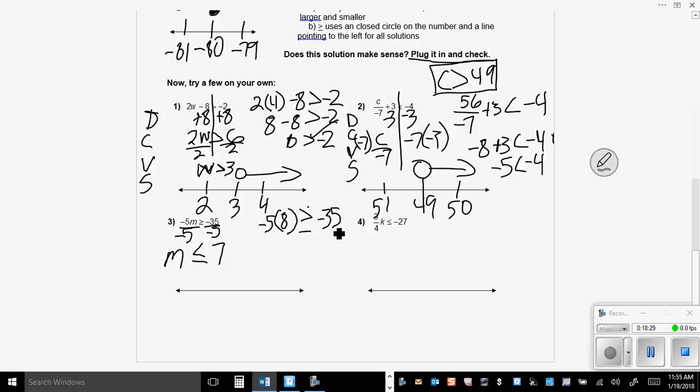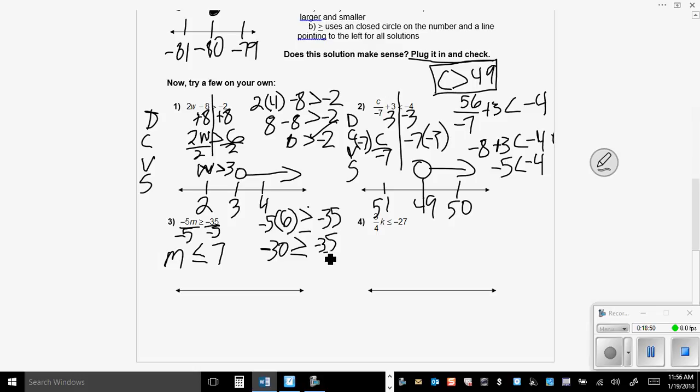And I'm sorry, we should have done 6, because we want the number less than or equal to. You actually could have done 7 because it's equal to. Negative 5 times 6 gives us what number? Negative 30.